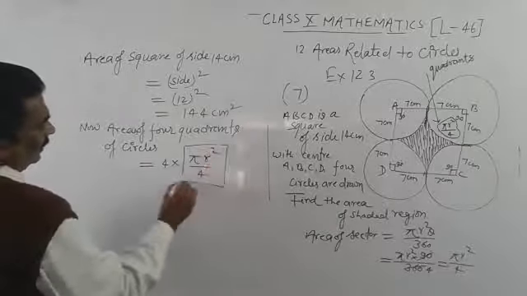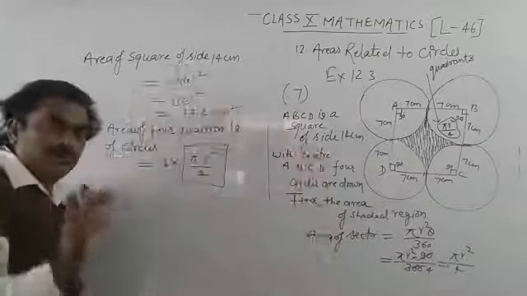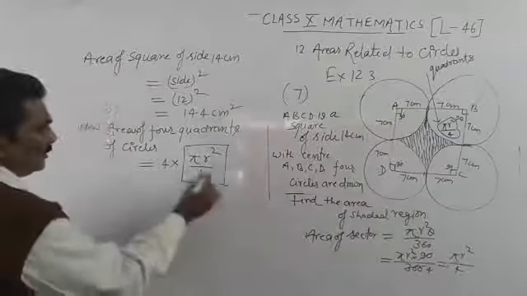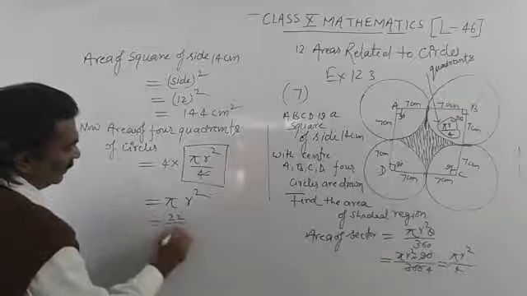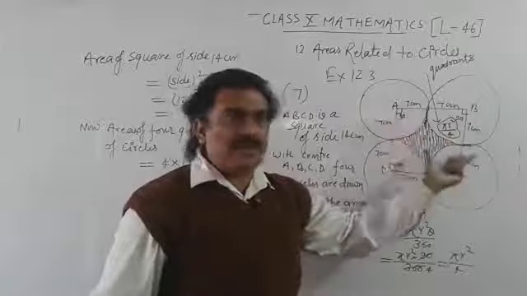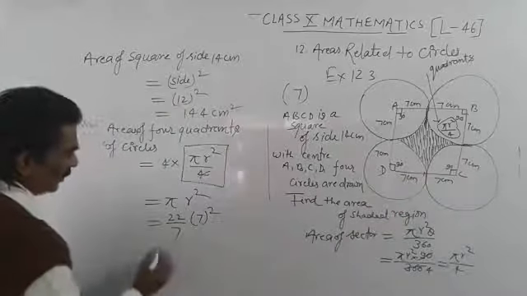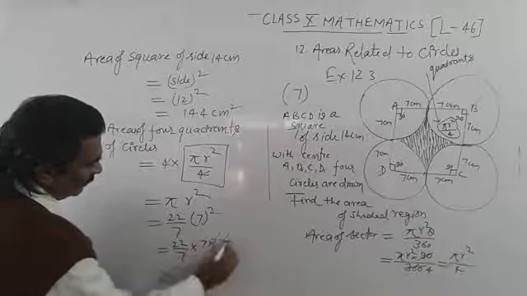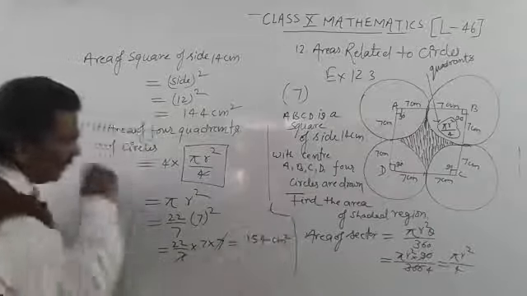This is the area of one quadrant, but here we have 1, 2, 3, 4 quadrants, and 4 quadrants make a circle. The 4 cancel out, so we can write pi r square, that is 22 upon 7 into 7 square. Students, side of square is 14 centimeter, but radius of each circle is 7 centimeter. So 22 upon 7 multiplied by 7 into 7, 7 cancel out, 154 centimeter square is the area of the quadrants.